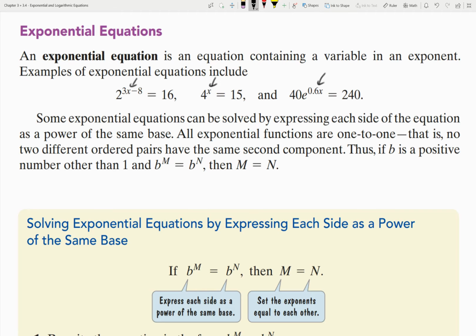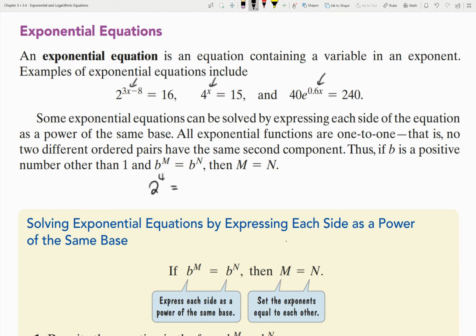All exponential functions are one-to-one, so if you have a positive base, which we're always going to use with exponential expressions, and a number other than 1, if you have b to the m power equal to b to the n, the exponents must be equal to each other.